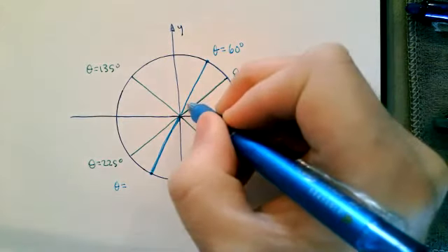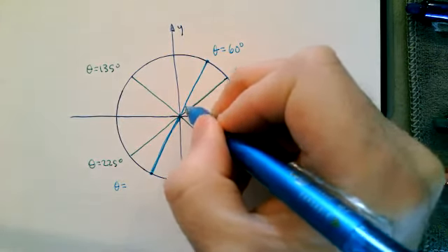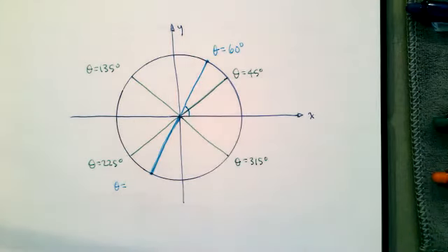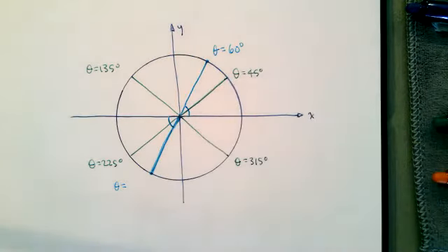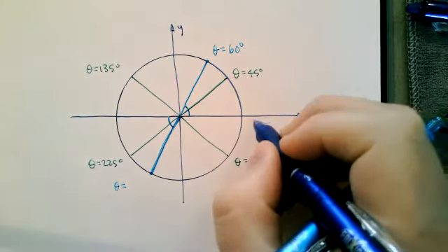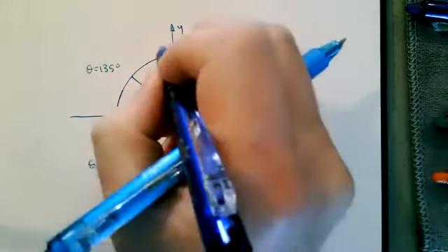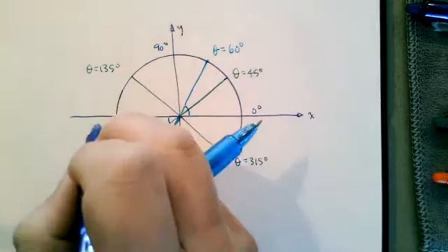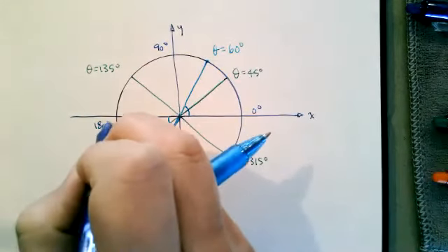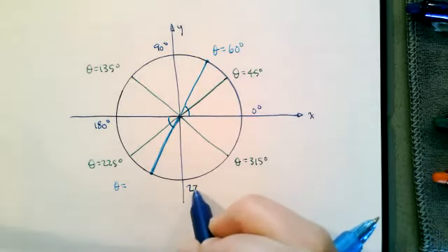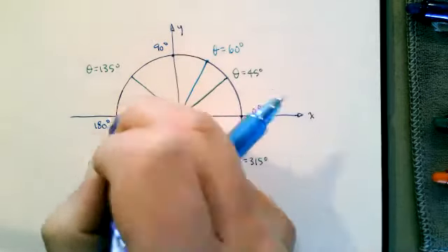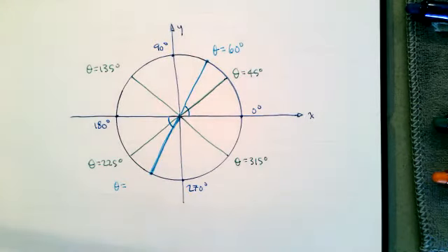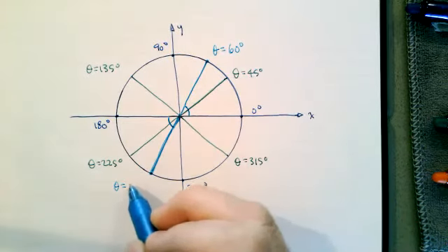If I have a 60 degree reference angle in the first quadrant, that's just going to be 60 degrees. If I have a 60 degree reference angle in the third quadrant, knowing that here we start off at 0 degrees, here we're up to 90 degrees, here we're at 180 degrees, and here we're at 270 degrees, what's theta?